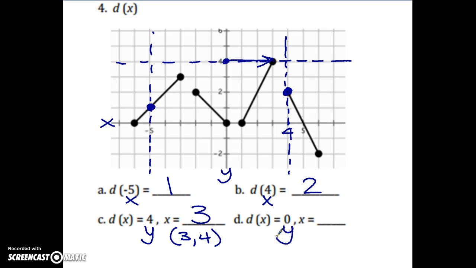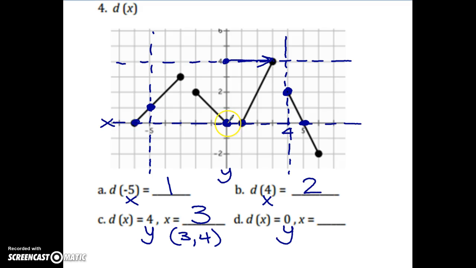Here, that's a y value also. Notice here, I do have one at 0, but I actually have 4 points here along where y is 0.